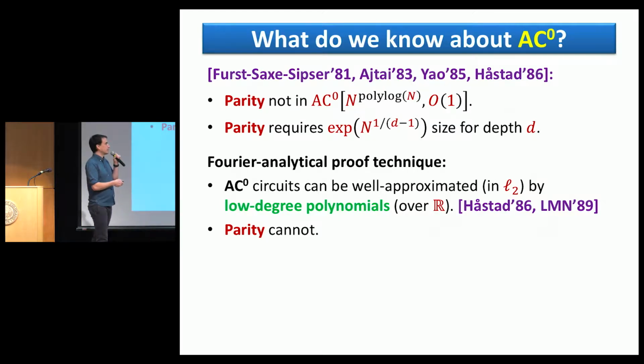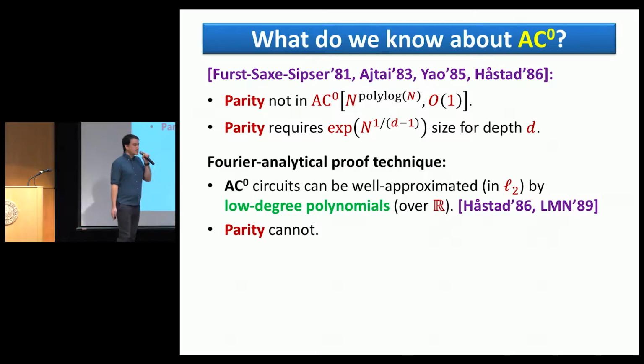And the small error is with respect to L2 norm. On the other hand, if you want to approximate parity even a little bit, you need degree n. So this will be of degree polylog, and this requires degree n. This shows you that parity is not in AC0. In fact, it also shows that parity cannot even be approximated by such circuits.